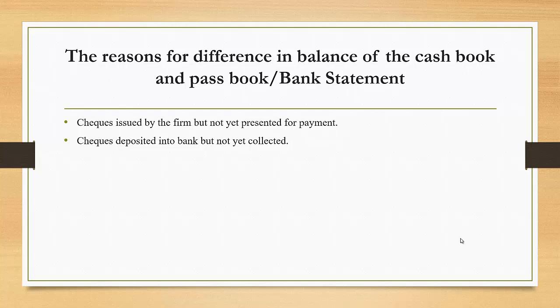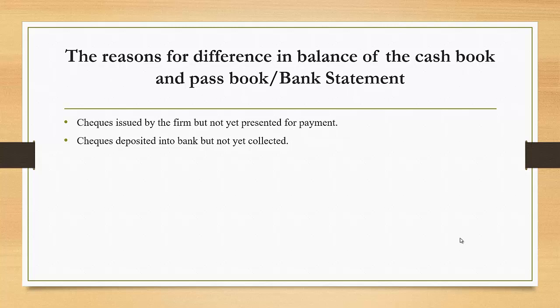But if the person who received that check has not presented it at the bank counter, money will not be deducted from the company's bank account, and the same check has already been subtracted from the company's cash book record. So the company's cash book will show less balance, and the bank account will show more balance until the check is presented and the money is encashed.